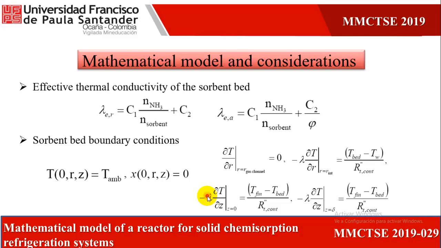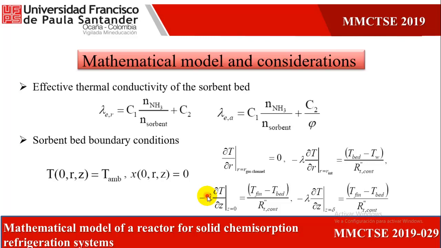So, from an extensive literature review, it was found that the thermal conductivity of metallic salts such as calcium chloride, manganese chloride, barium chloride that use ammonia as refrigerant do not suffer a considerable variation if we maintain the number of moles, the apparent specific gravity, and the graphite fraction in the sorbent bed.